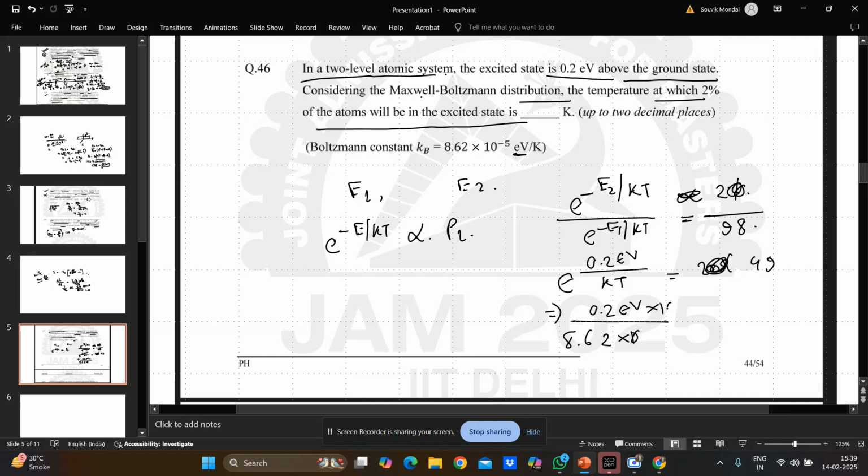Let's put this 10 to the power 5 here, and electron volt is already cancelled, so it is just log of 49. Okay, so if you simplify this, you will get your answer. Let me just quickly do it on the calculator. Okay, so I am getting something like 596.17, so I guess this will be in the range.